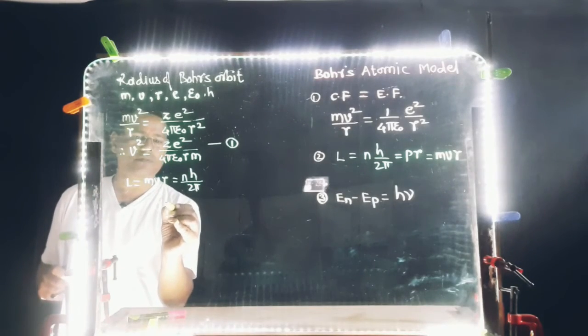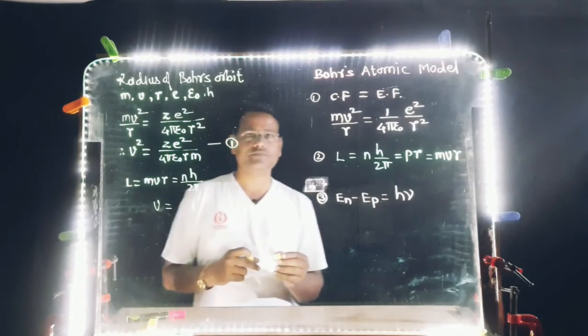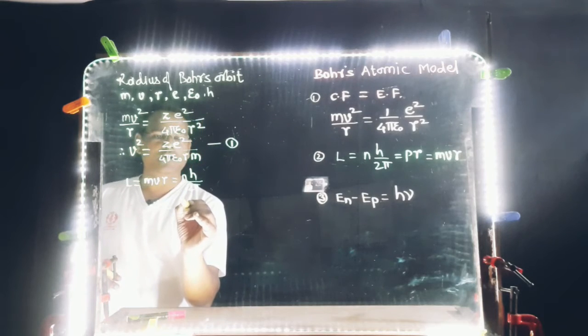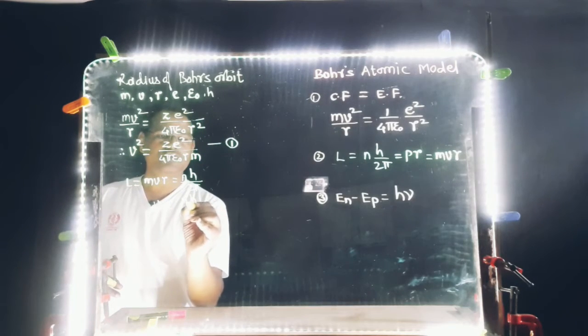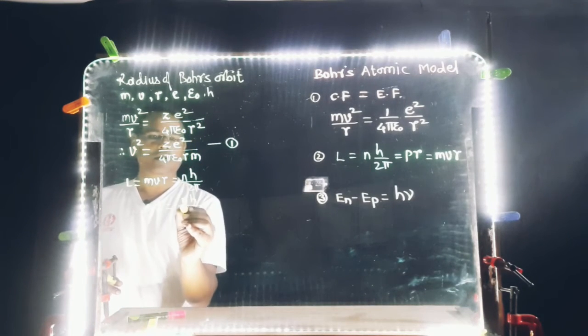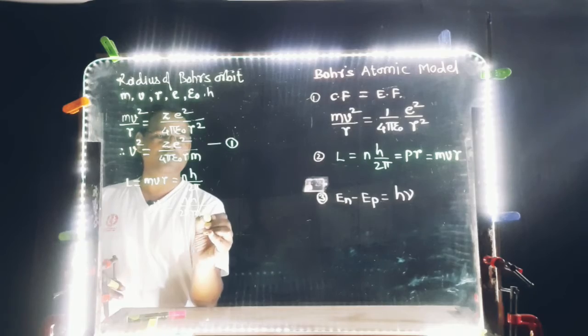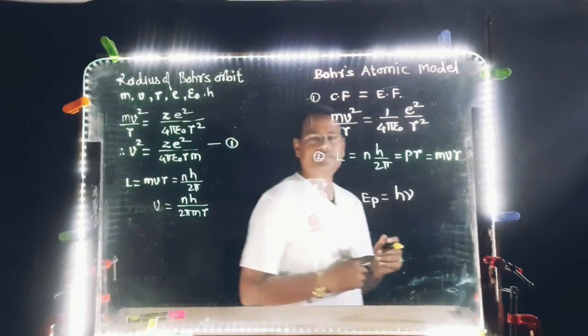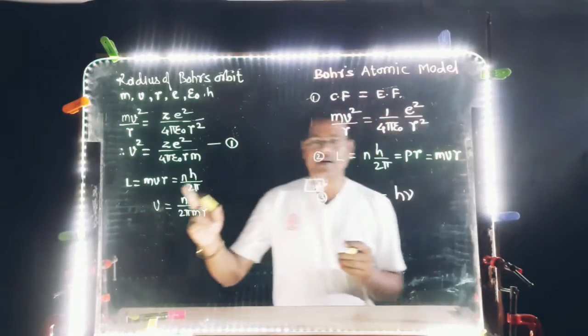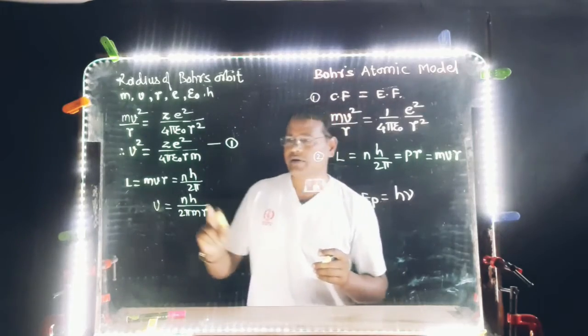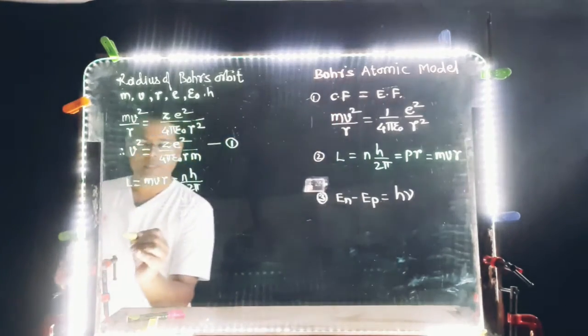So, here it is v is equal to n into h divided by 2 pi, here m into small r. We can write its square. It's a square करून घ्या.